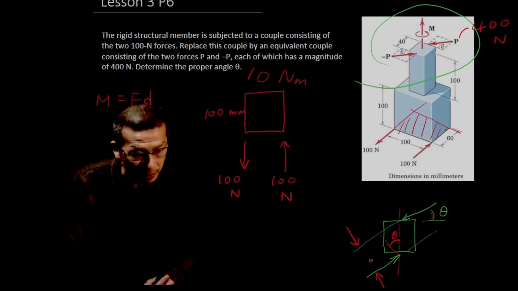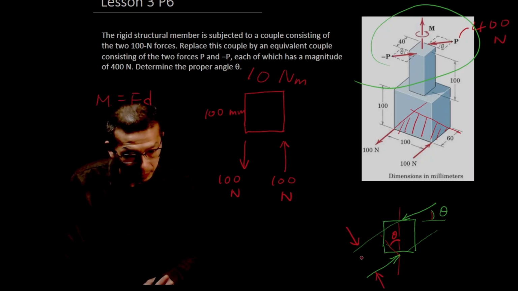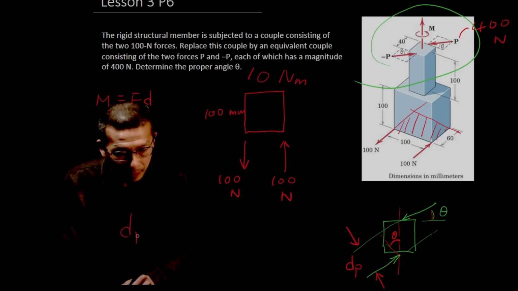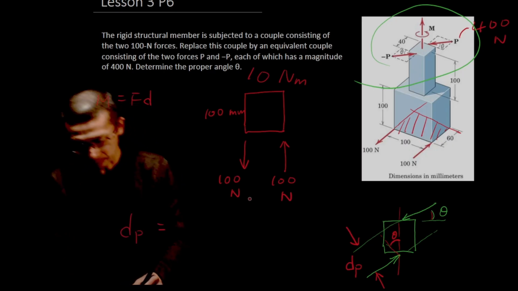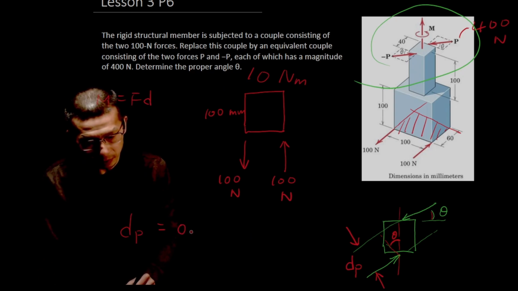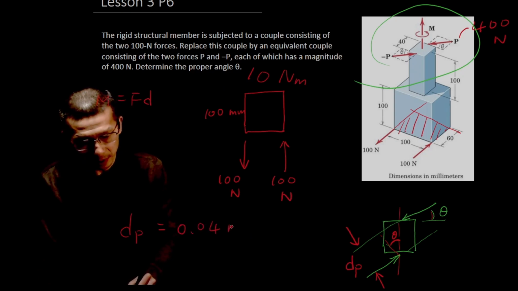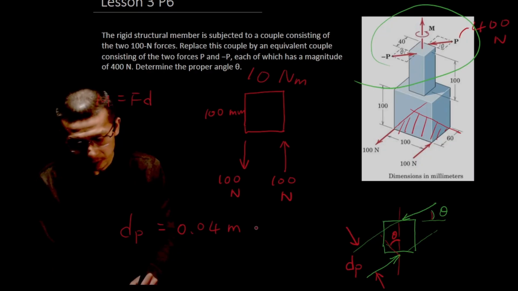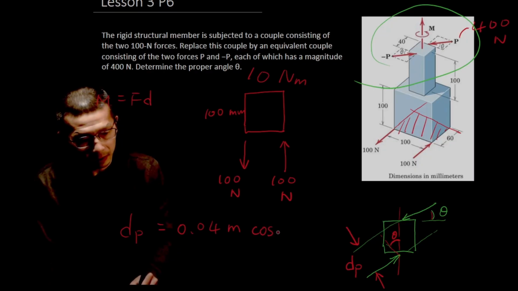So in this case, this distance here, let's call that dp then. Yeah, okay, use dp. dp is equal to 40 millimeter, which is 0.04 meters, times cosine theta.